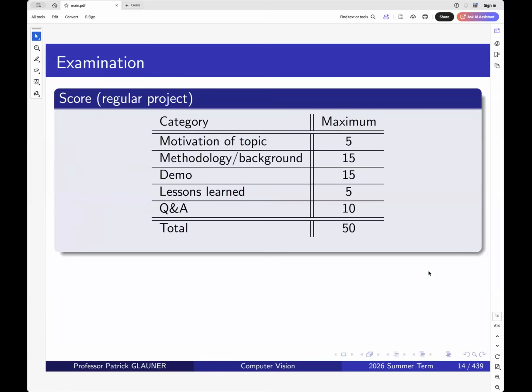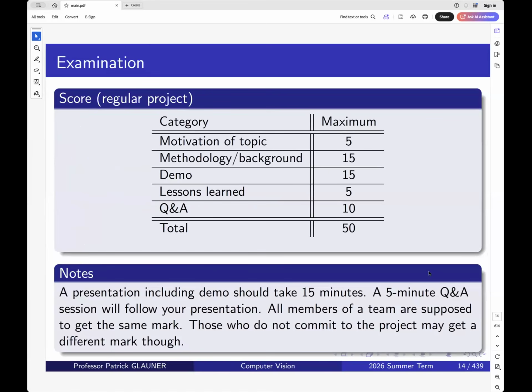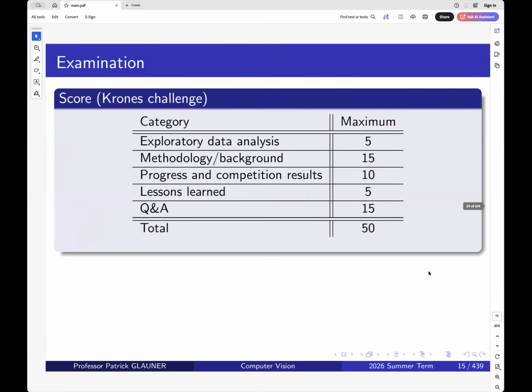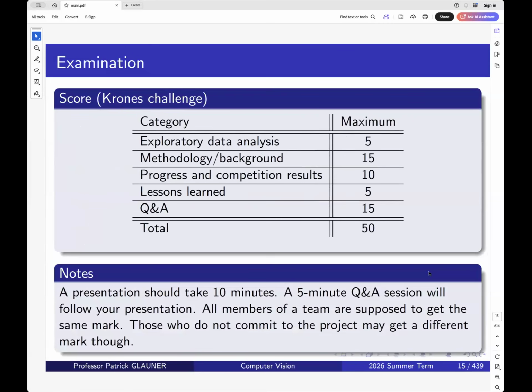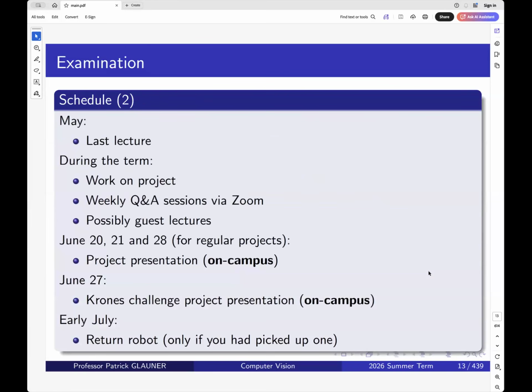There's also a marking scheme here, how I mark projects, and there is a marking scheme for regular projects, but for the Kronos challenge as well. That's not relevant for now, but this will come sometime later in the term, because we first need to progress with the content. We need to assign you the projects, and then the marking will become more relevant.